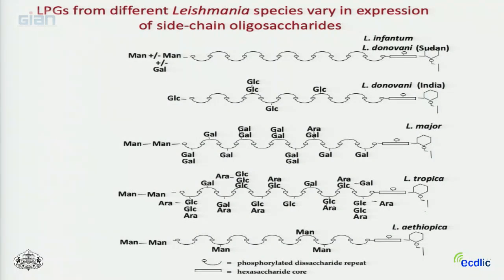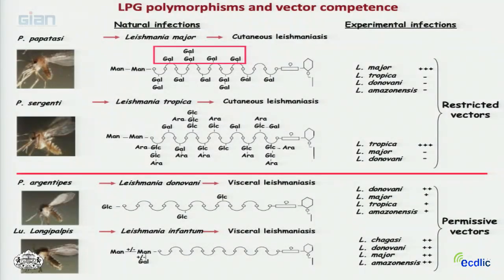And then another polymorphism down here. And the New World strains look even different. So what drives this remarkable polymorphism in the structure of the major surface glycocalyx structure of Leishmania promastigotes? Well, we think it's the nature of the receptors, the parasite recognition sites that different species of flies express.